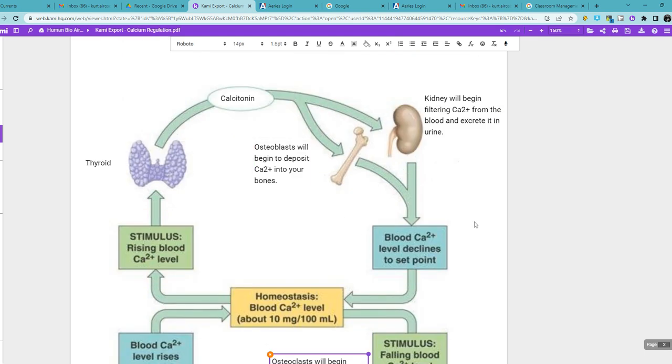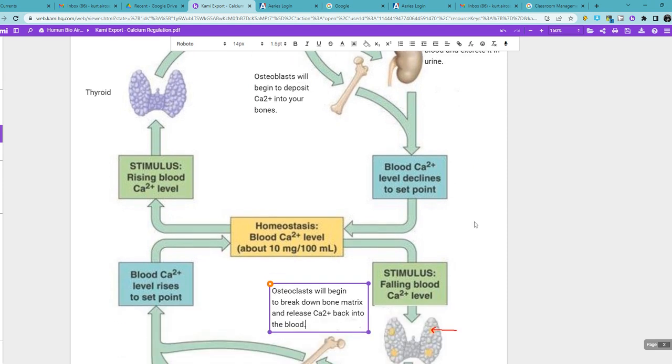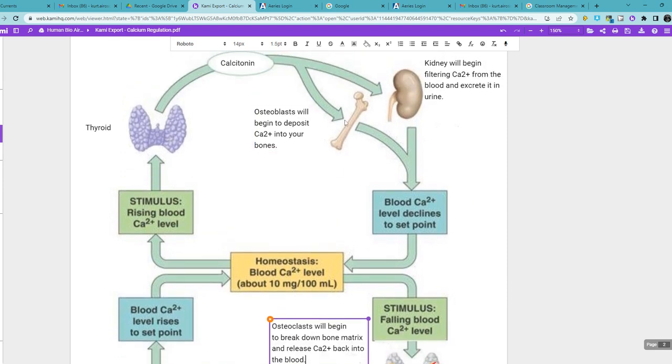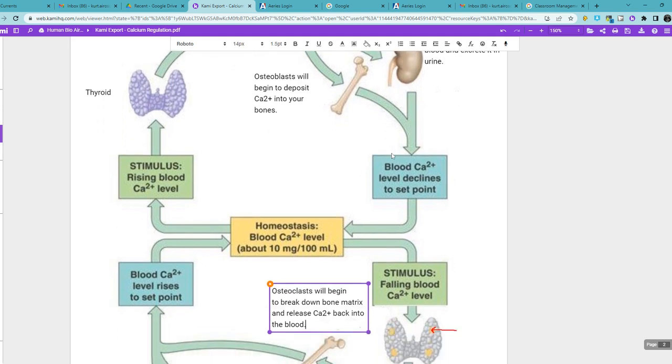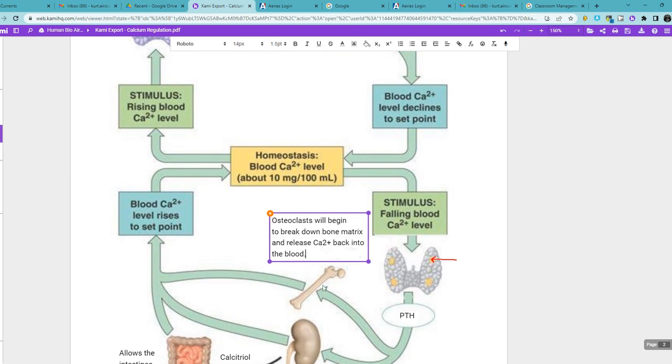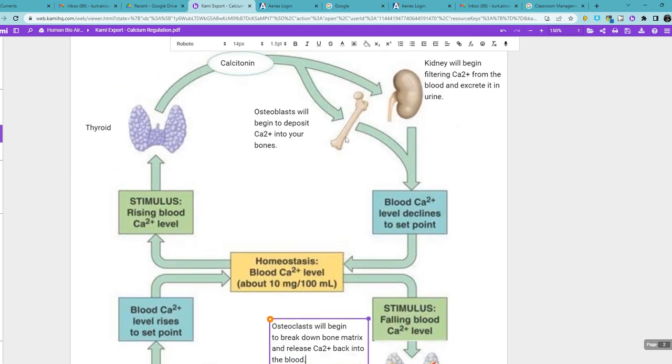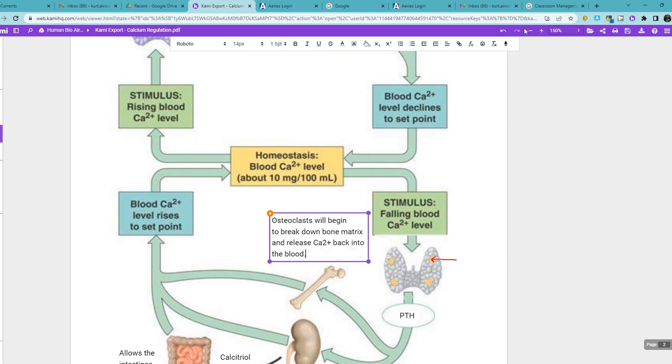So your bones are constantly being remodeled. When bone matrix is being deposited, that's called deposition. And when it's being removed, that's called resorption. Resorption and deposition.